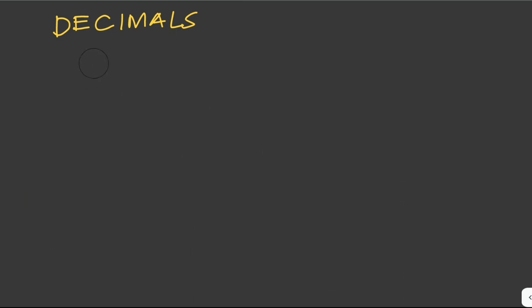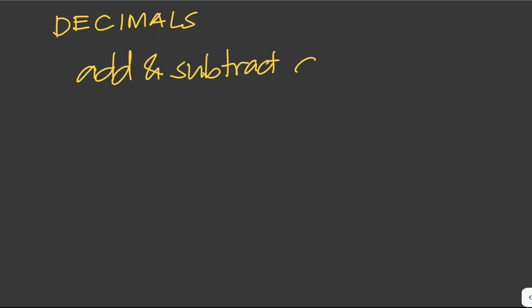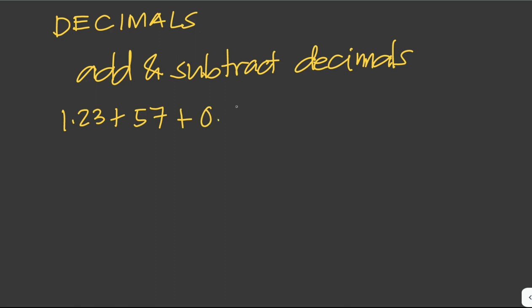Now, how do we add and subtract decimals? We say, for example, we have 1.23 plus 57 plus 0.038. All we have to do is we line up all the numbers. So that will be 1.23 plus 57 plus 0.038.